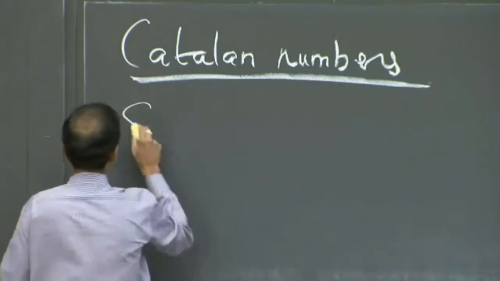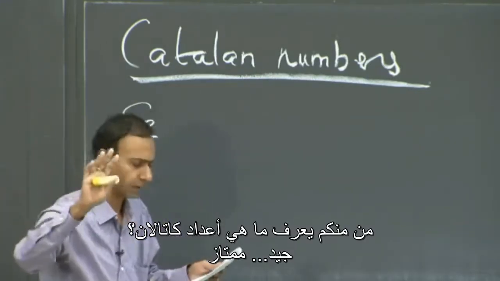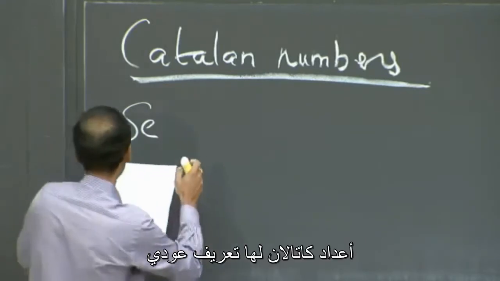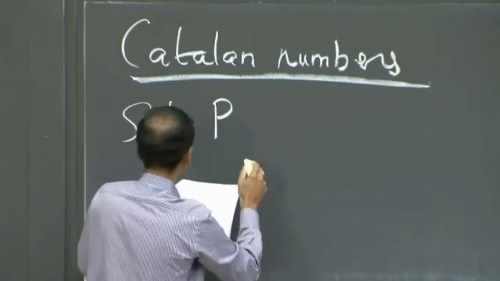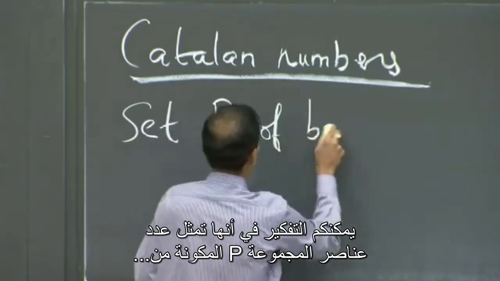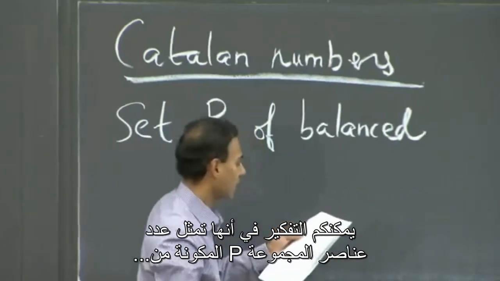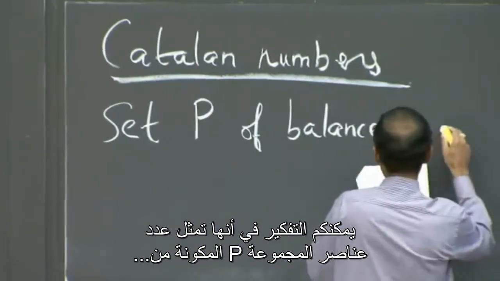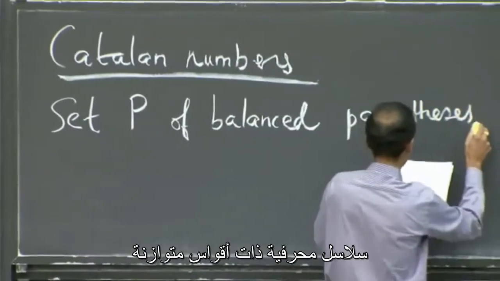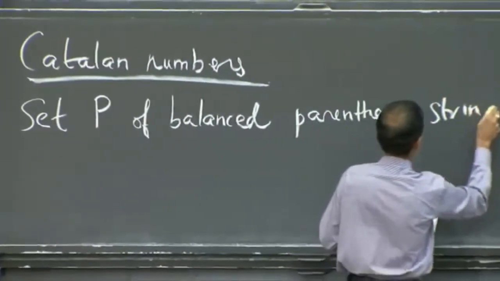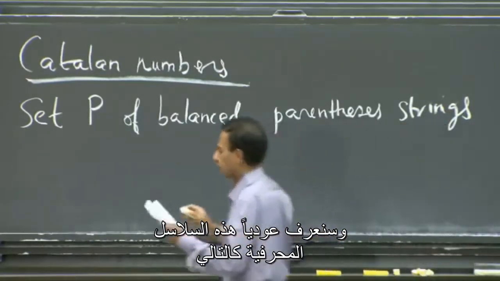And how many of you know what Catalan numbers are? Oh, good. Excellent. So Catalan numbers have a recursive definition. You can think of them as representing the cardinality of the set P of balanced parentheses strings. And we're going to recursively define these strings as follows.